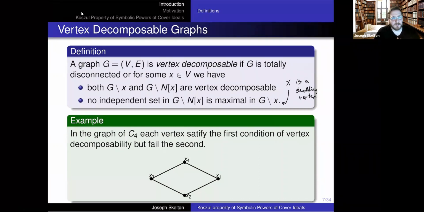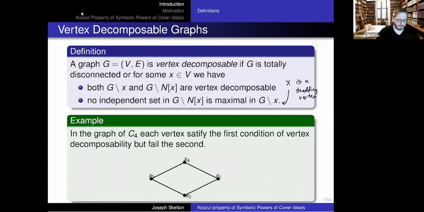It is often useful in these types of things to show you a non-example. So C4 is not vertex decomposable. It actually meets the first condition, that if you pick any vertex, say x1, and delete x1, you get a path that's vertex decomposable. If you delete the neighbors of x1, you get a single vertex that's vertex decomposable. So it meets the first condition.